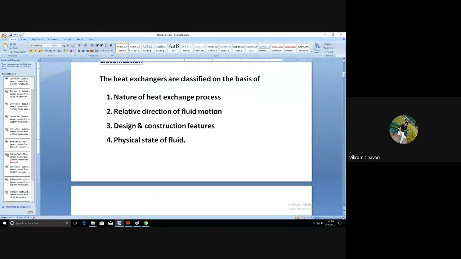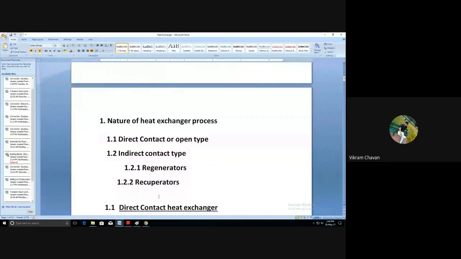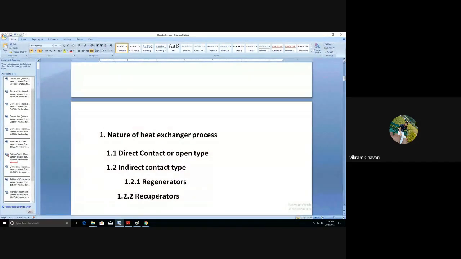Let us see the first category, that is nature of heat exchange process. This is divided into two parts, or further classified into two different segments.